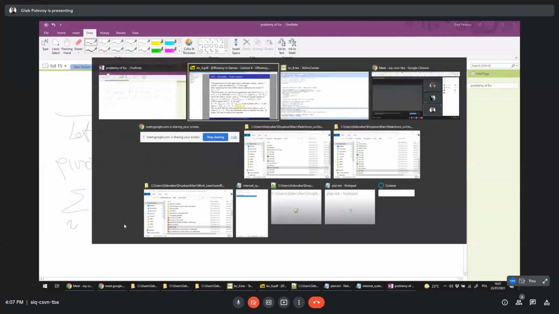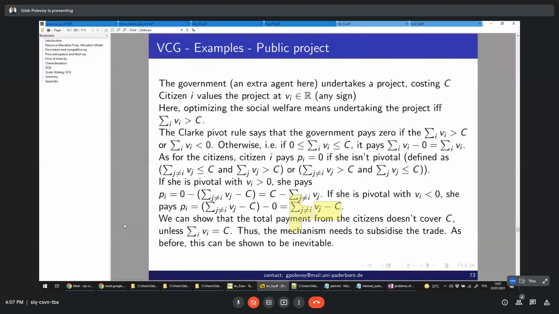Now each such pivotal player pays C minus the sum of the values. That's what we showed. Do you agree? Yes.